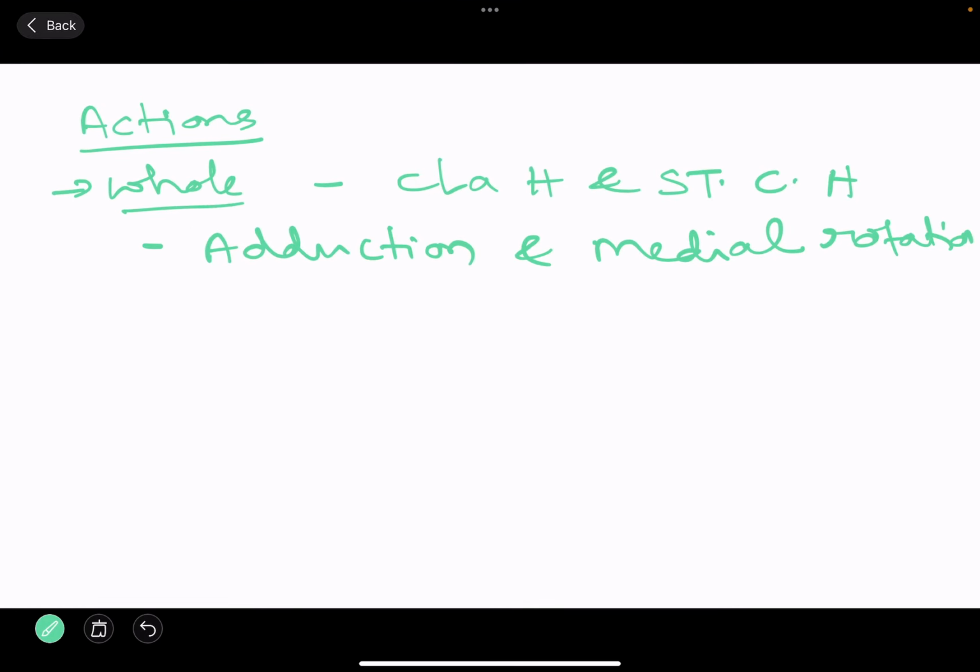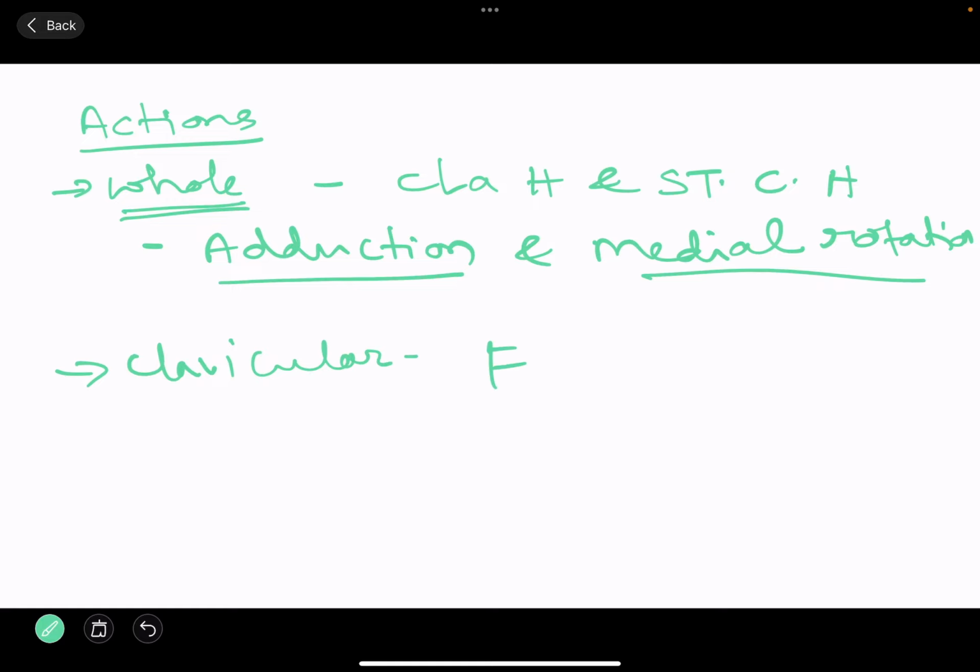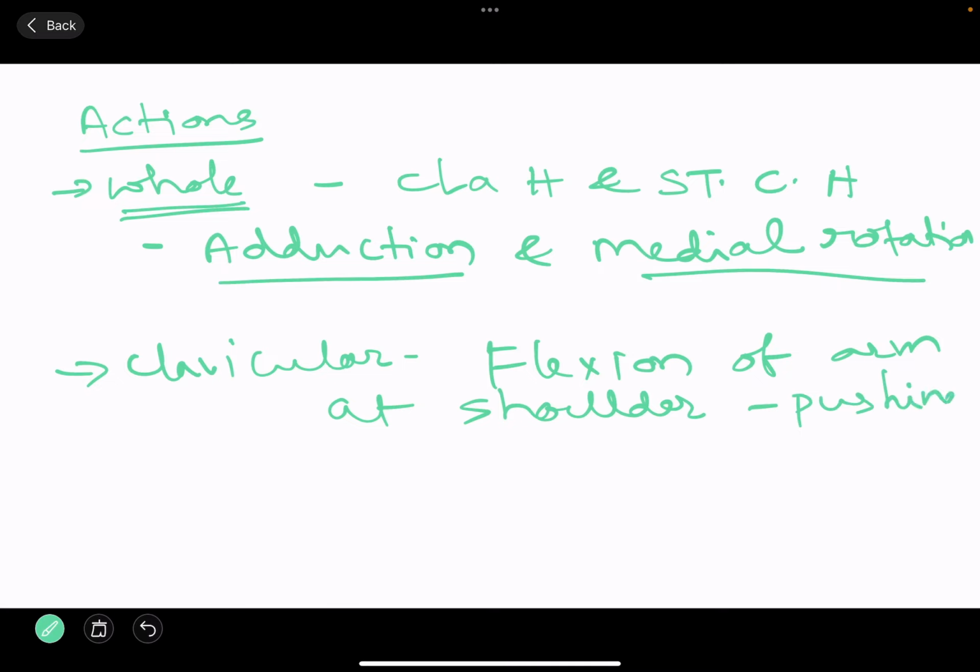So as a whole, it helps in adduction and medial rotation. Only the clavicular fibers produce flexion of the arm at the shoulder joint, as in pushing.